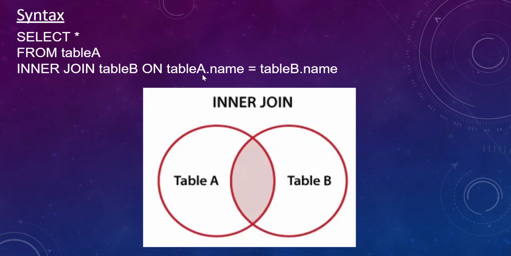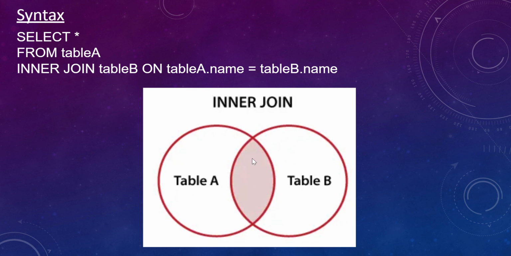From table A name is coming, and from table B also the name is coming. This is the table from which this column is coming, and this is the table from which that column is coming. This is the syntax of inner join, and using a Venn diagram we can represent it like this.